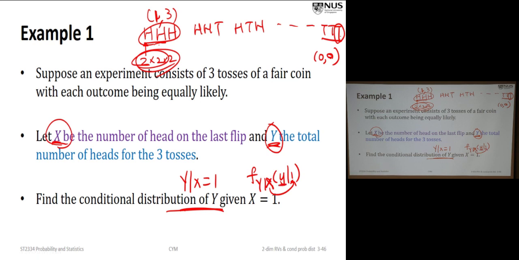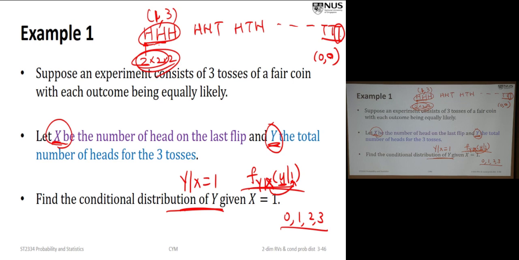And y, what are the possible values for y? So y can be 0, can be 1, can be 2, can be 3. I don't know whether this will take non-zero values over these 4 values. But how do I know 0, 1, 2, 3? Because it's from the joint distribution. In the joint distribution, y is the total number of heads.